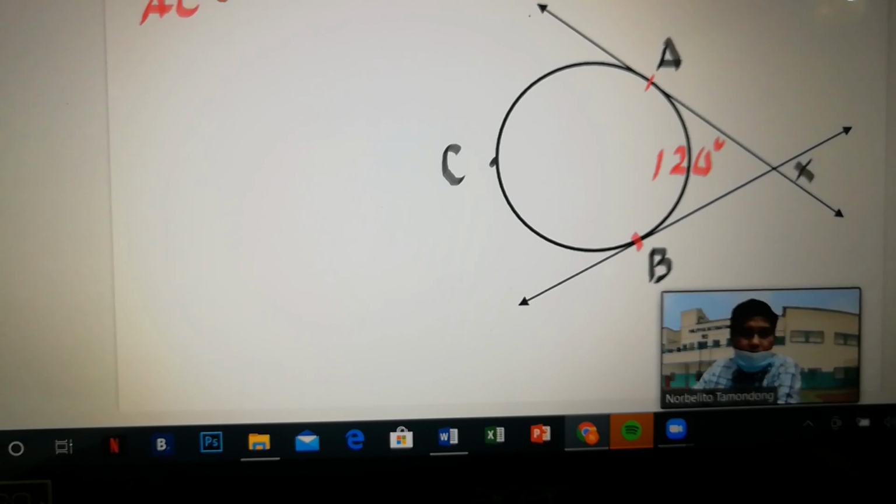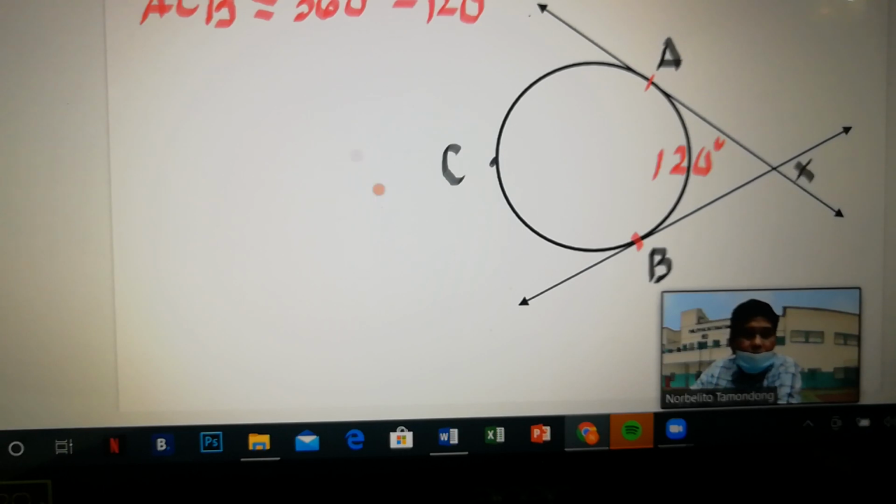Arc ECB is one whole circle, which is 360 degrees, one complete circle, minus the given minor arc, which is 120 degrees.